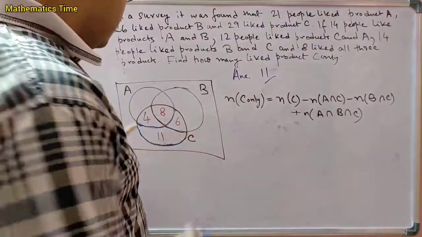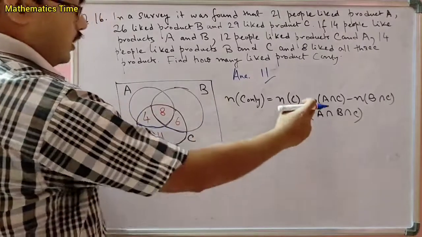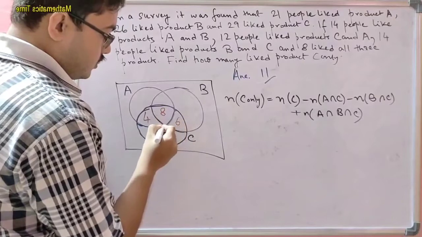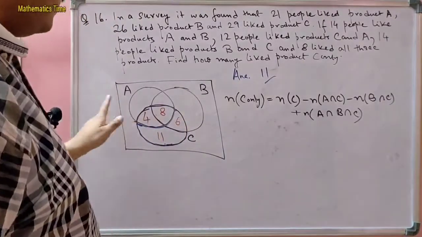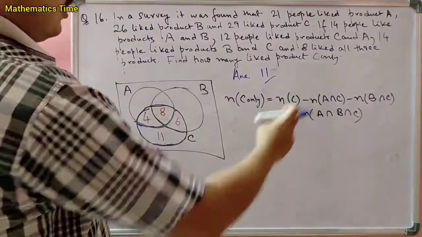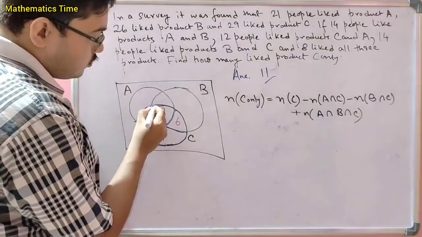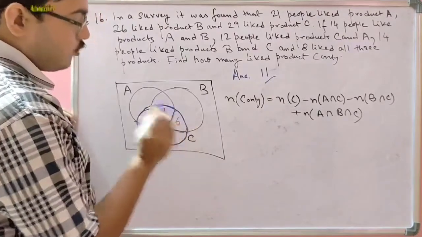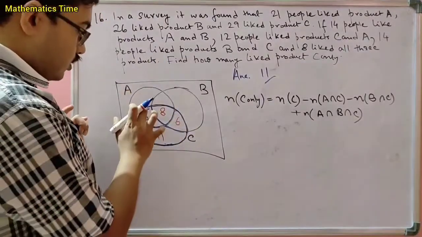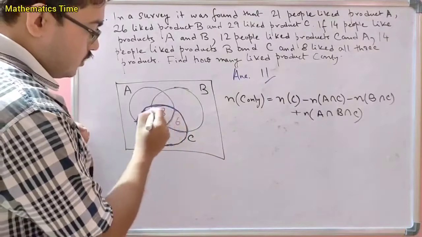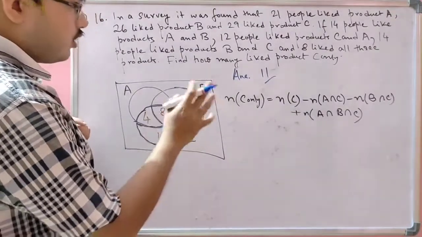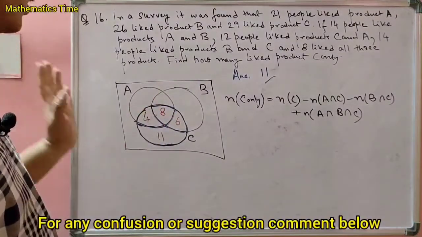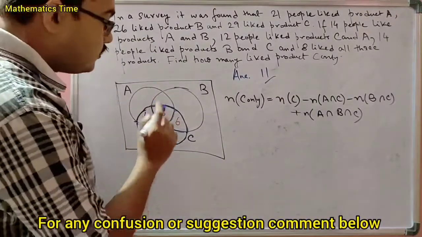Now n of C is the total one. Okay, minus n of A intersection C. A intersection C means this portion. Those who like both A and C. And minus n of B intersection C means this portion. Now you just focus on here, A intersection C, B intersection C. The common element, that is 8, liked by the people who like all three products, is eliminated twice.